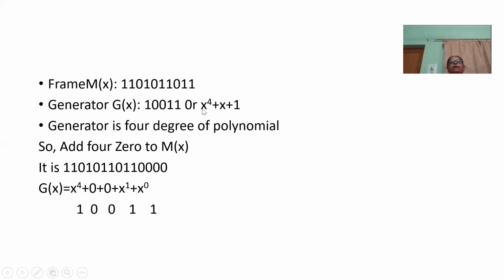The highest power of x is the degree of the generator. So here the degree of the generator is 4. So add four 0s to M(x). M(x) is 1101011011, and these four 0s we add for the degree of the polynomial.